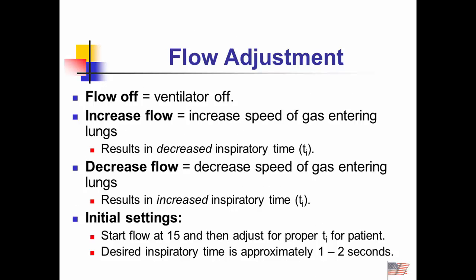So, when you turn it on initially, when you plug it into your gas source, you want to have it so the flow is turned off, so you don't have this thing making all kinds of noise and whatnot. As I make that flow higher, I'm shortening the inspiratory time. Let me say that again. As I turn the flow up, it's going to reach that pressure quicker.